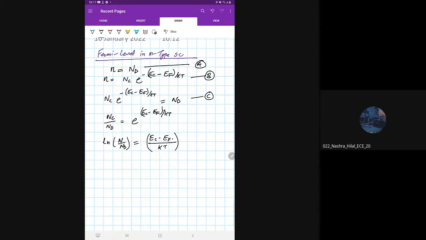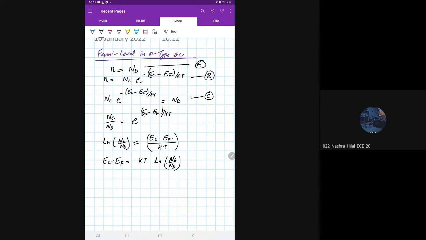If we further rearrange, Ec minus Ef will be equal to kT times ln of Nc divided by Nd. This is basically Nc, not N.